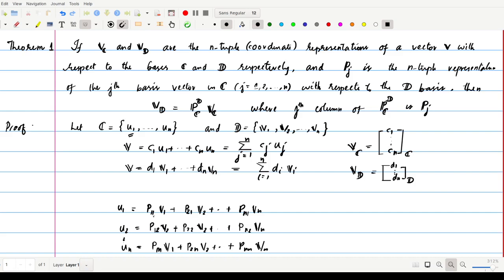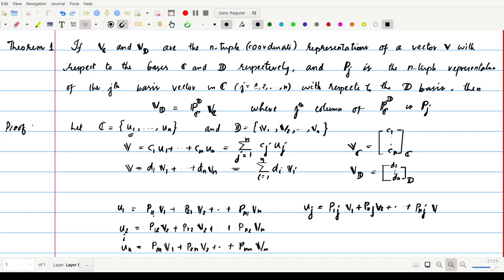In between we have a number of expressions. If you write a general expression, say uj, what is the expression for uj? Analogous to this, you write uj as p1j v1 plus p2j v2 plus etc. plus pnj vn.